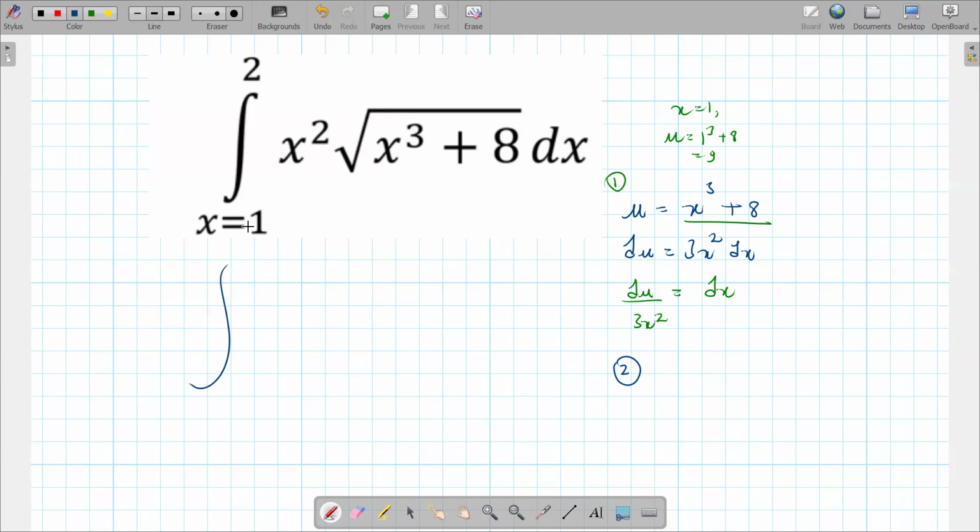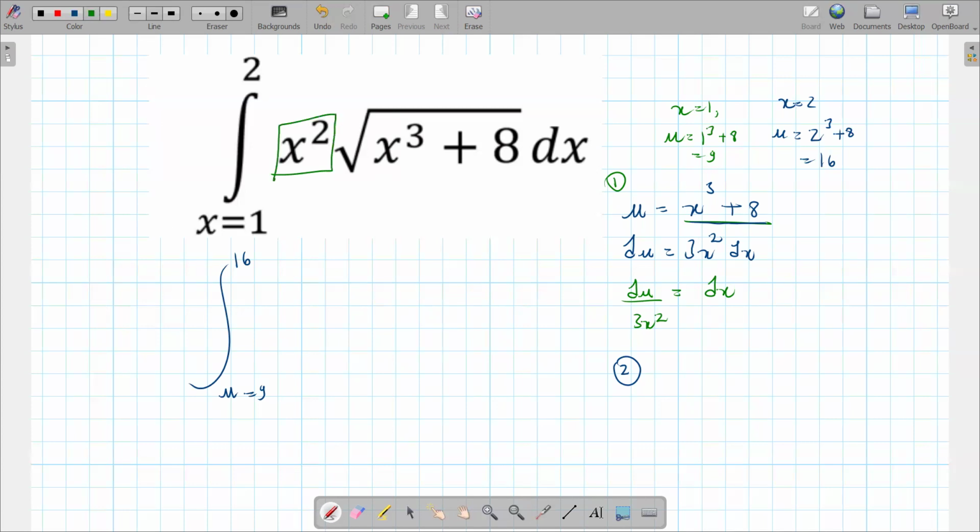So now look at this. x equals 1 becomes U equals 9. For the upper bound, when x equals 2, U becomes, again, I'm using this function, 2 cubed plus 8, 16. So the upper bound is 16.